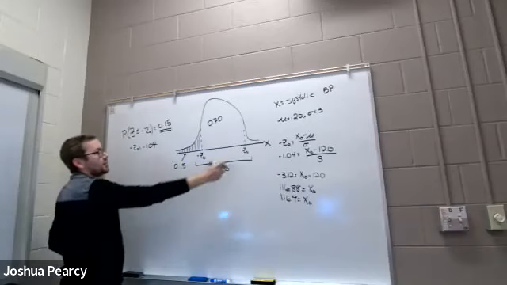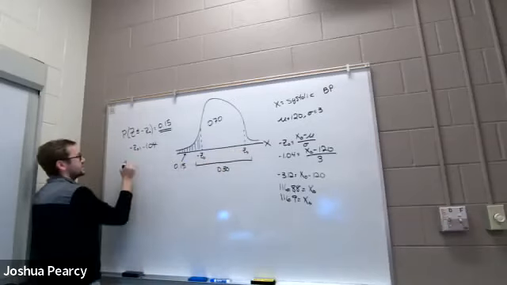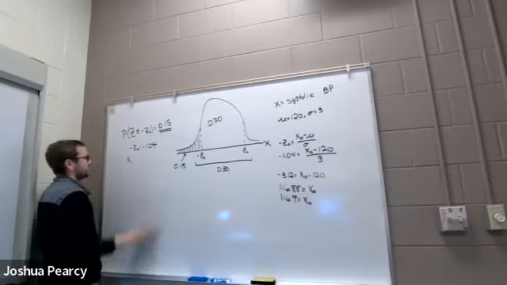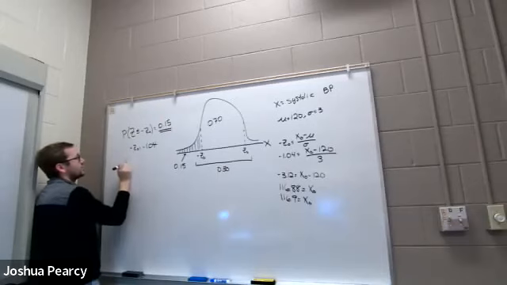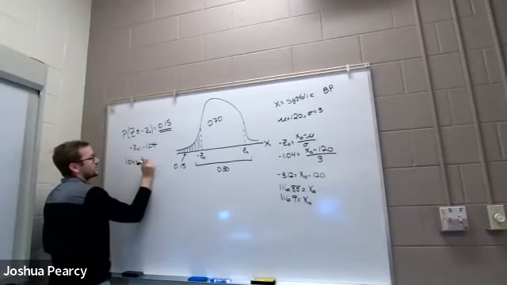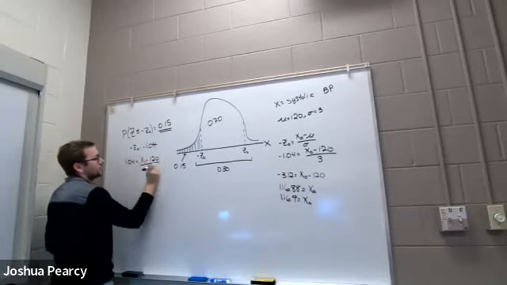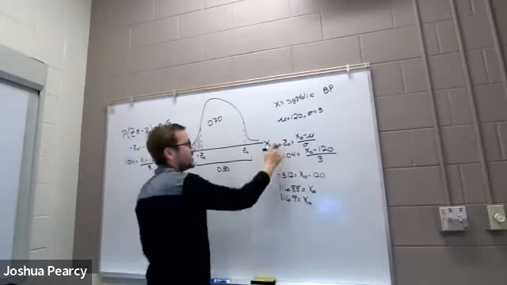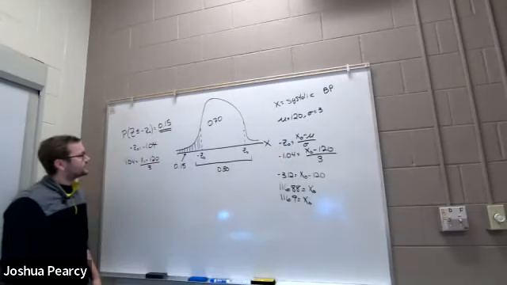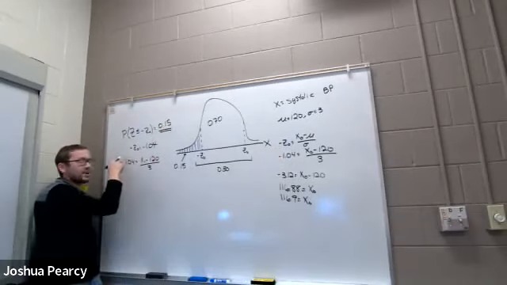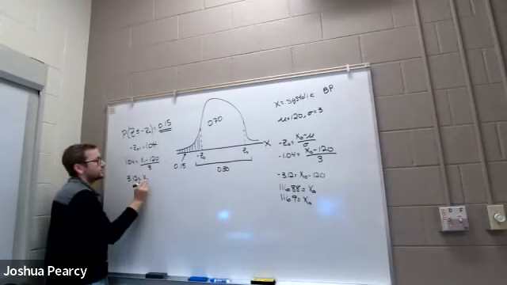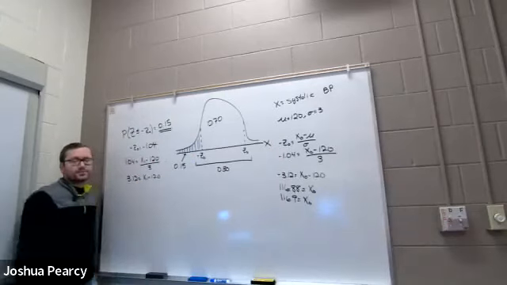Then you can find the upper x boundary corresponding to this. So we'll call that x1. So then we would have 1.04 is equal to x1 minus 120 over 3. That's just using this equation here, but taking off the negative sign. Then again, you can multiply by 3 on both sides, and you get 3.12 equals x1 minus 120.